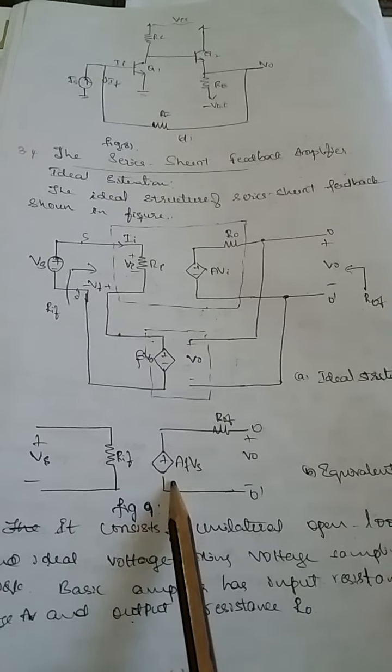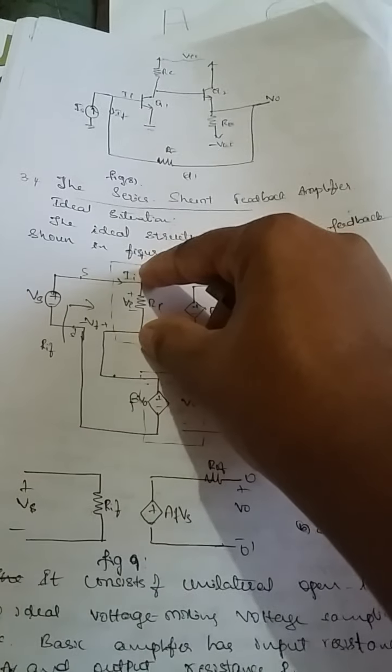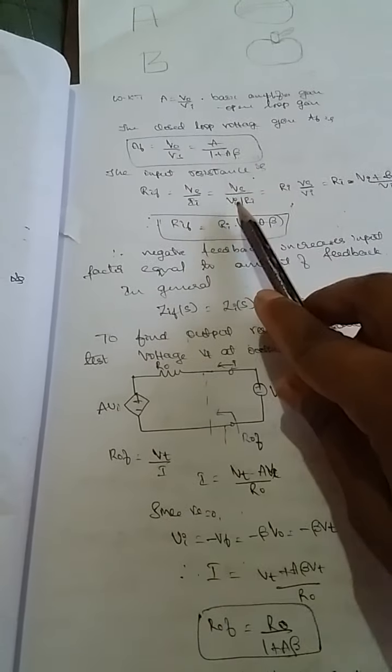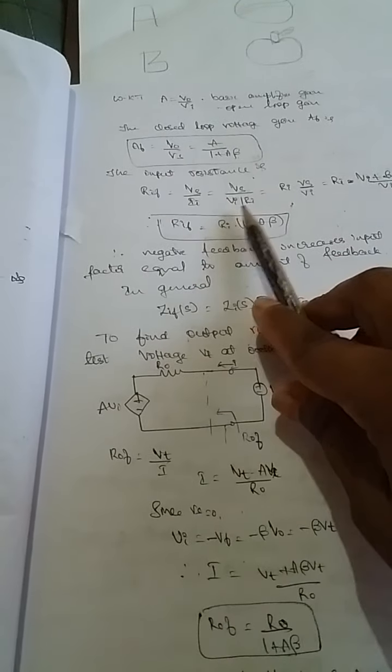The input resistance RIF is equal to the input voltage divided by the corresponding input current Ii. Input current is Vs divided by Ii, and Ii is equal to Vi divided by Ri. It is the current through resistance Ri, so the voltage across it is Vi. Substituting this, Ii is equal to Vi by Ri, and rearranging.